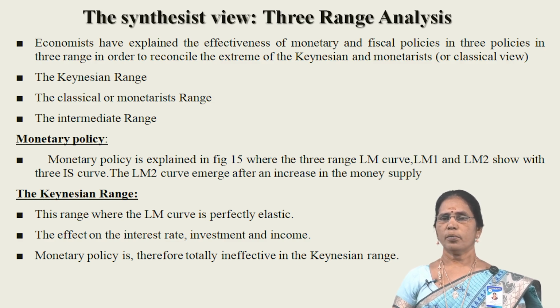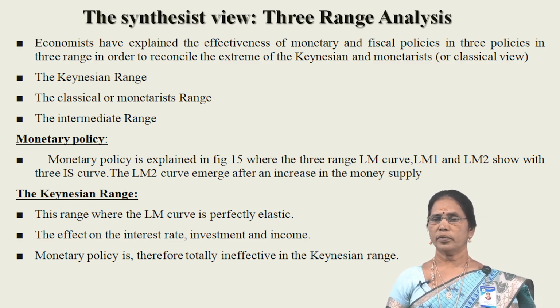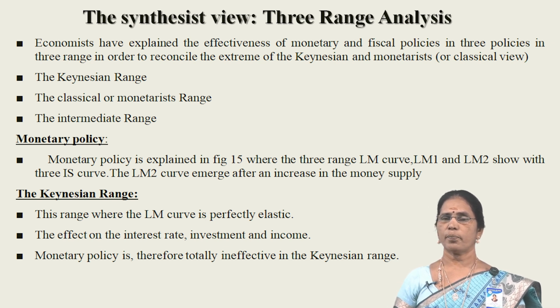Monetary policy is explained through the figure where the three ranges of LM curve, LM1 and LM2, are shown with three IS curves. The LM2 curve emerges after an increase in the money supply.